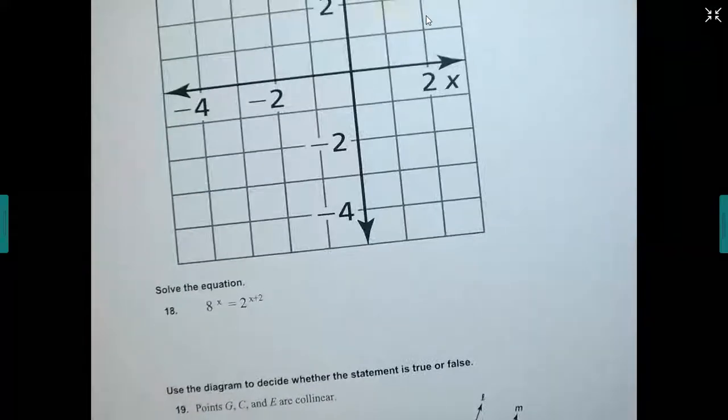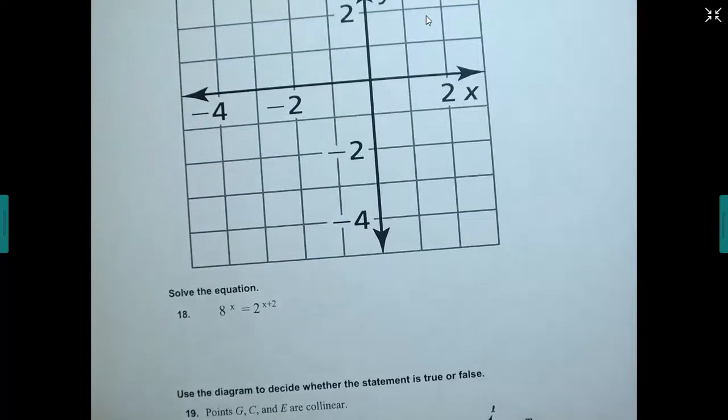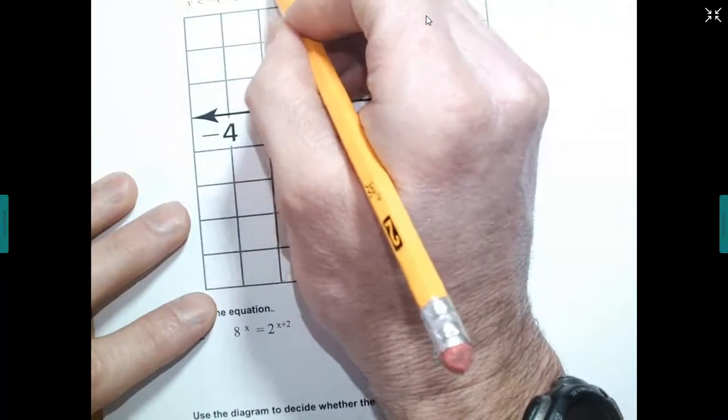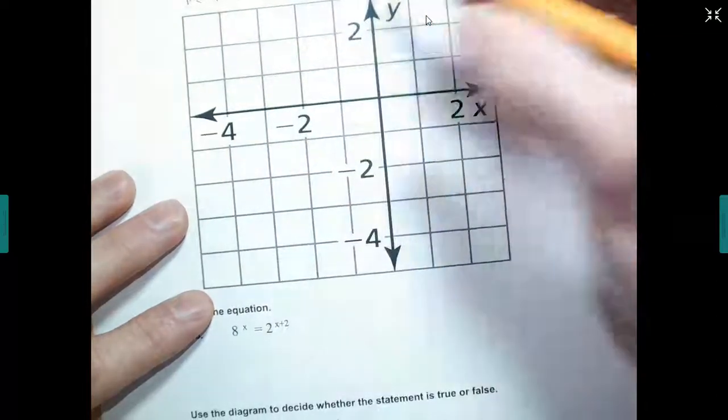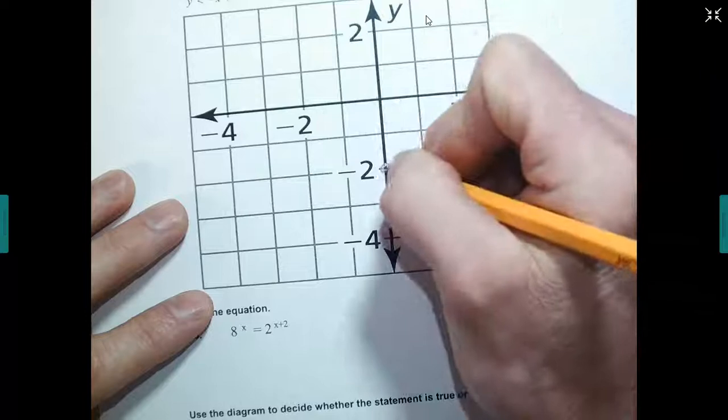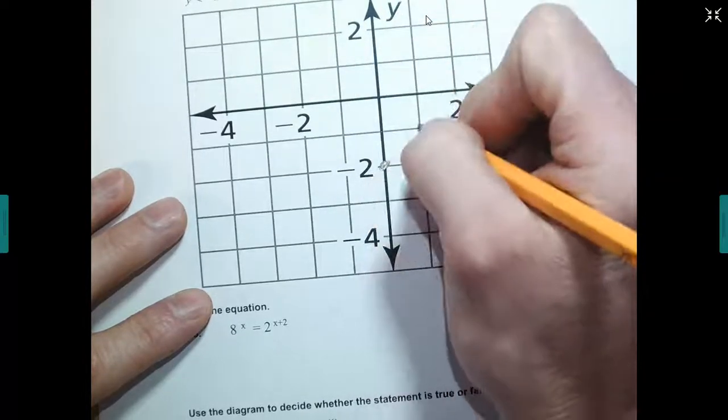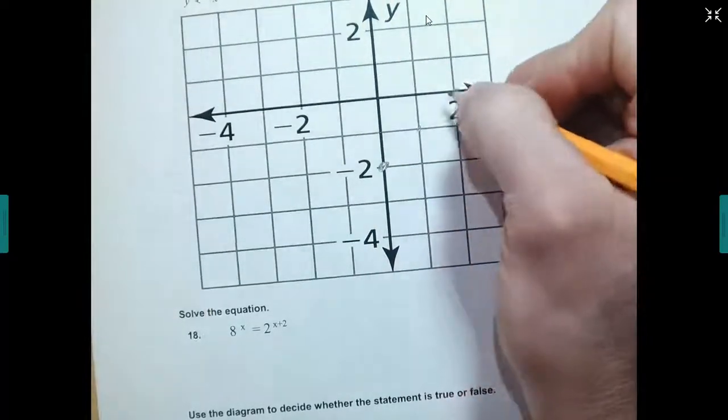Alright. Last few problems. Graph the system of linear inequalities. So for this first one, I have my slope equals 1 over 1, and my y-intercept equals negative 2. So I go negative 2, and then 1, 1, 1, 1.